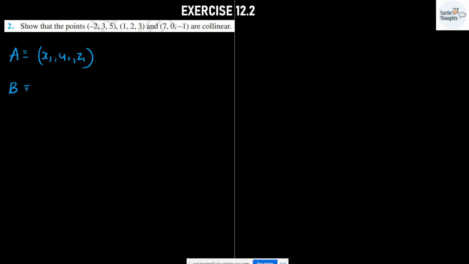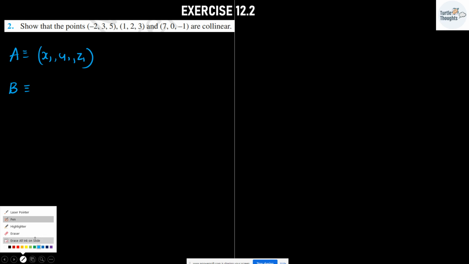Let me note down the coordinates first, right? So let me take the point A to be minus 2 comma 3 comma 5. Let me take the point B to be 1 comma 2 comma 3. Let me take the point C to be 7 comma 0 comma minus 1.